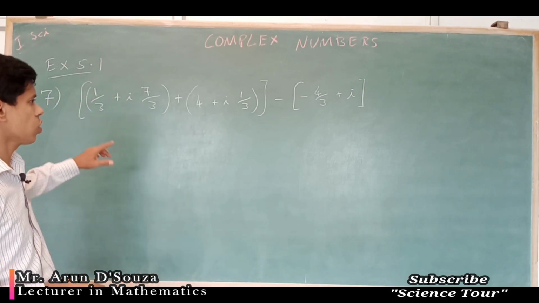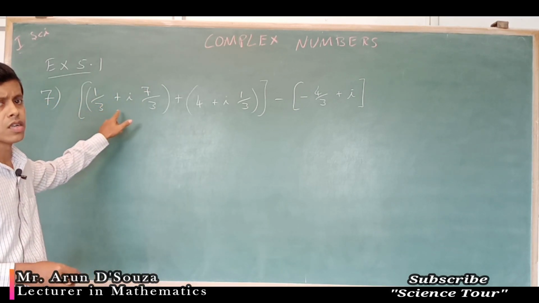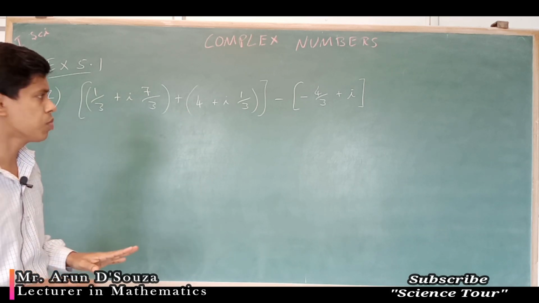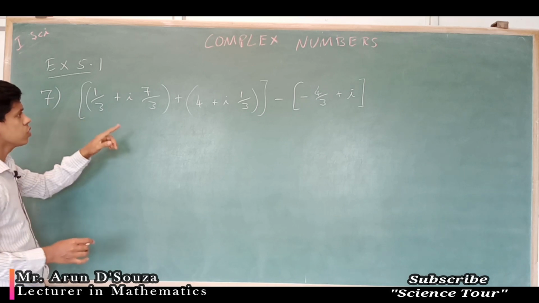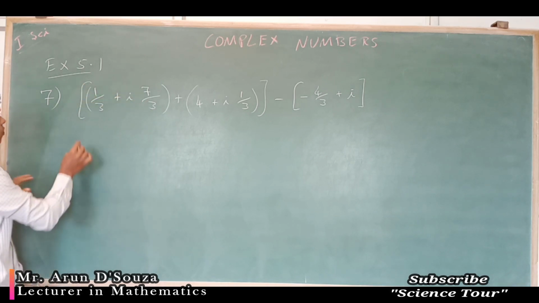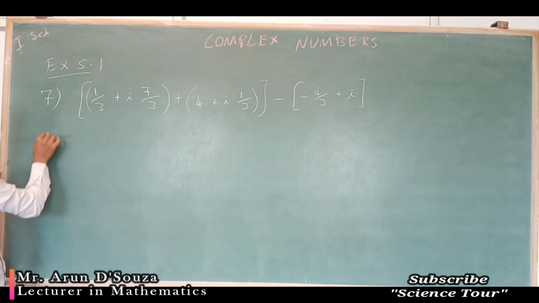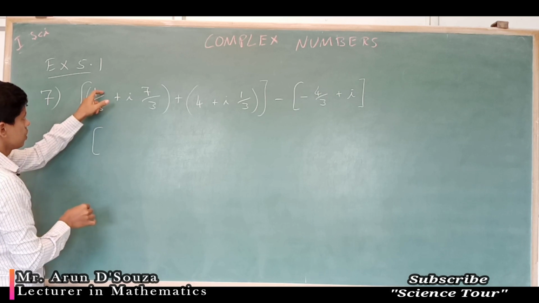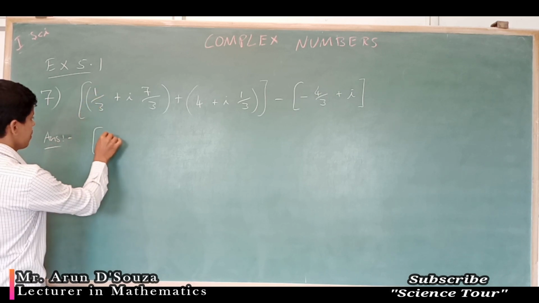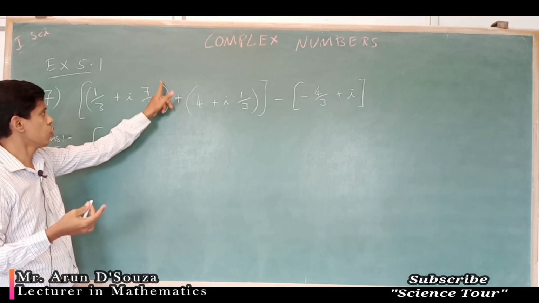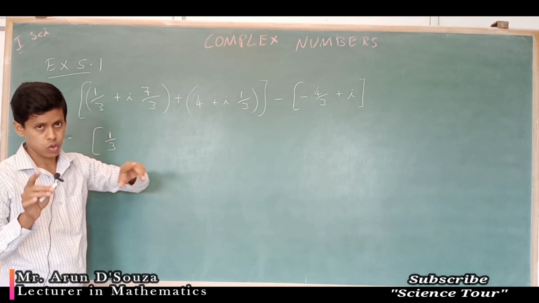See, this question is not very difficult. Just because you see fractions, don't think this is a complicated one. Very simple question. What you need to do is just get rid of these brackets. First, 1 by 3, and look, this is addition, so you don't need these brackets anymore.